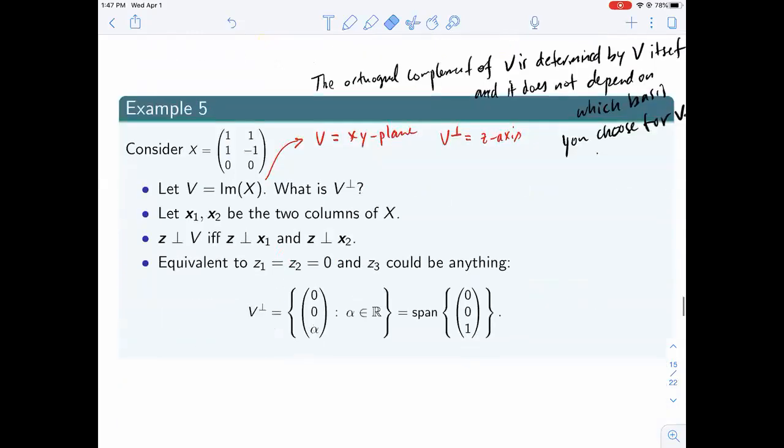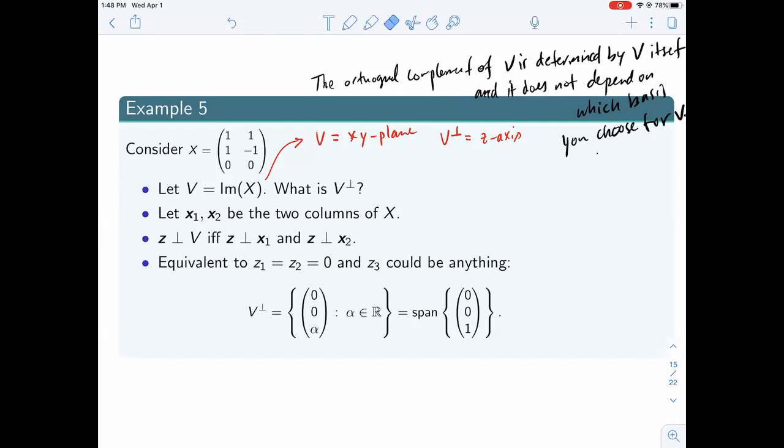Next. I'm sorry. Okay. Here you say let x1 and x2 be the two columns of X. And the next sentence you say z is orthogonal to V if and only if z is perpendicular to x1 and x2. Does it matter whether x1 and x2 are independent or no? No, good question.